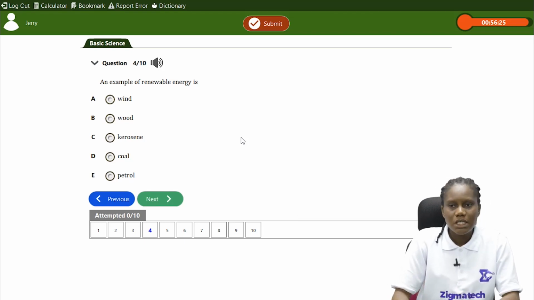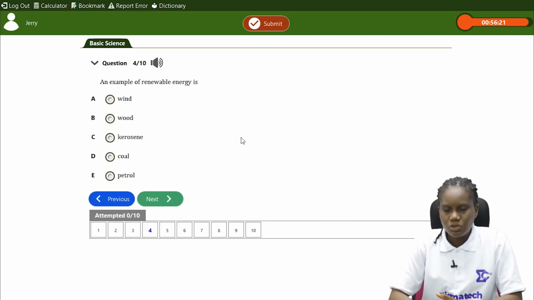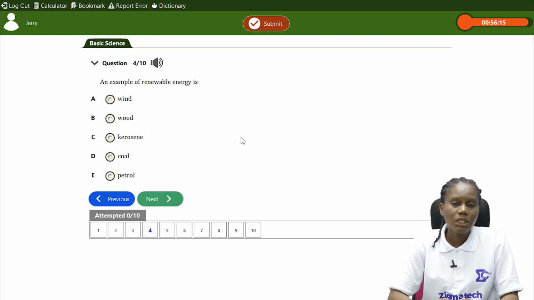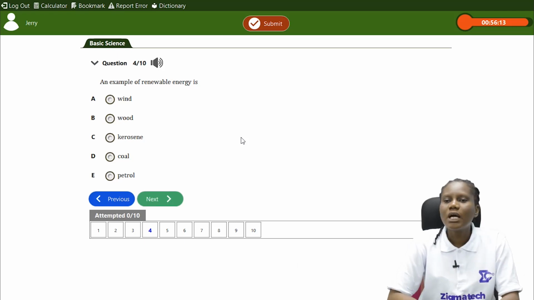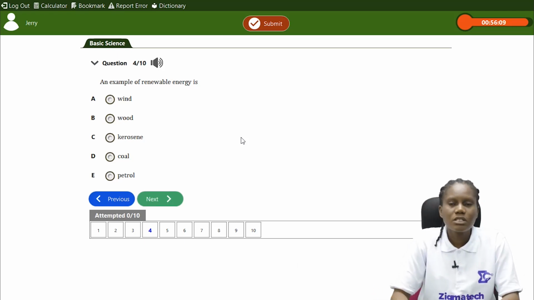Renewable are limitless, that means they are unlimited. Non-renewable are limited, so they can be finished. And we looked at the examples of renewable energy, such as the wind, sunlight, water. Also, we looked at the examples of non-renewable energy, like the minerals and our fossil fuel.